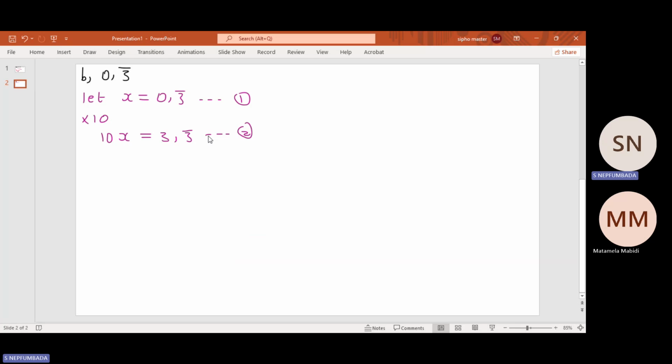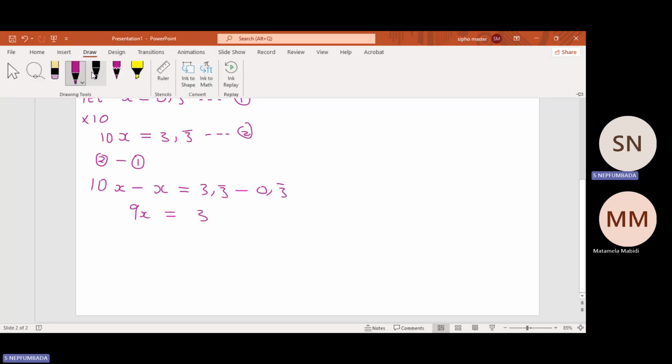Are we good? Then we say equation 2 minus equation 1. Then it means we've got 10x minus x, which equals 3.3 recurring minus 0.3 recurring. Then we've got 9x equals 3.